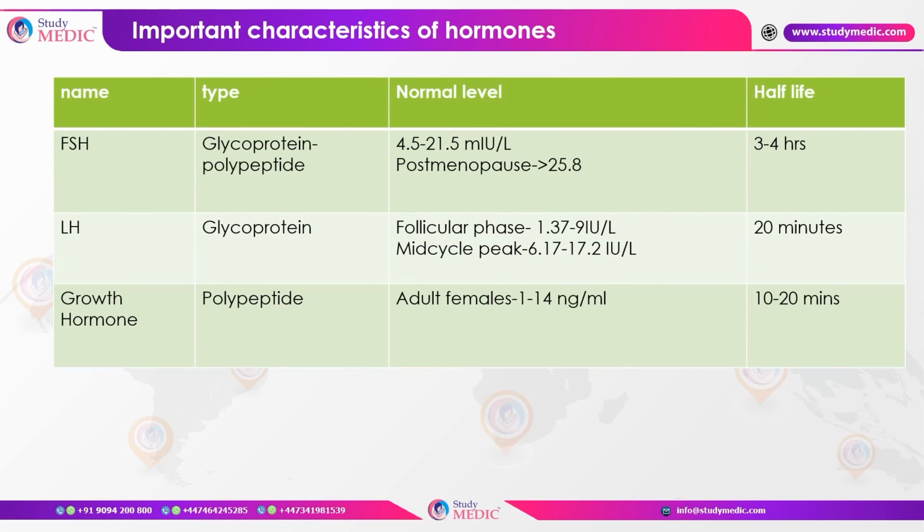The half-life of hormones is asked very frequently in exams. So remember, the half-life of FSH is 3 to 4 hours, LH is 20 minutes, and growth hormone is 10 to 20 minutes.